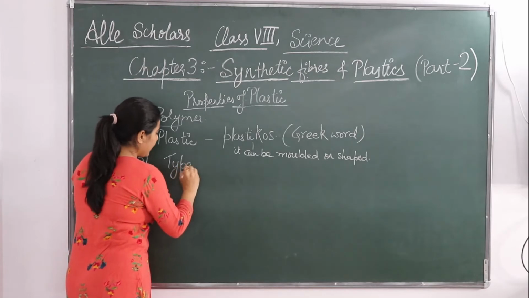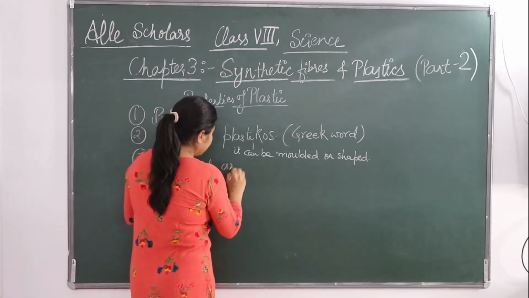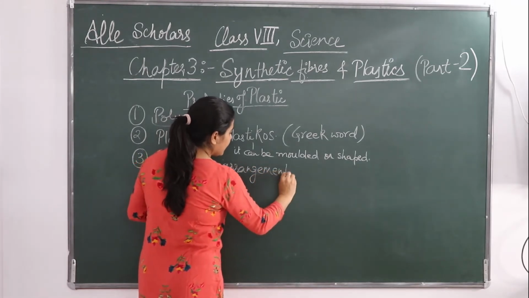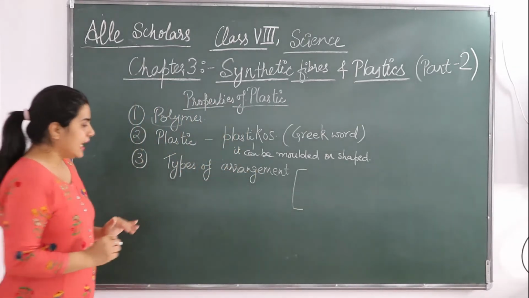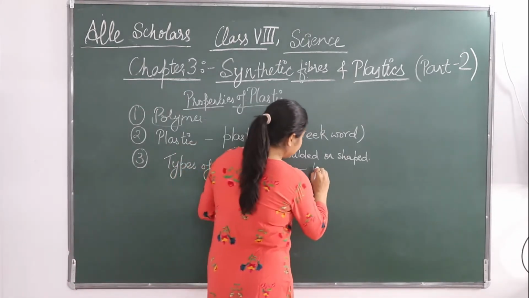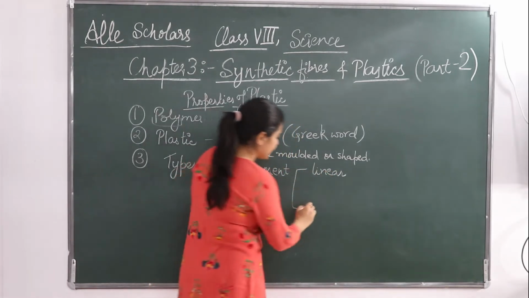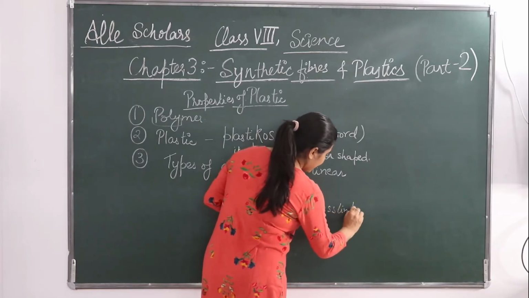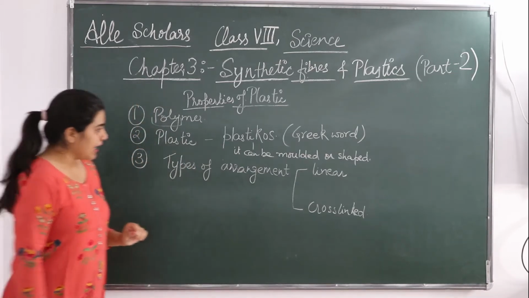If we talk about the type of arrangement, basically there are two types: linear arrangement and cross-linked arrangement.